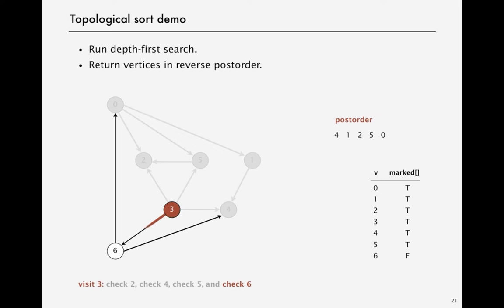And 6 is unmarked, so we go to visit 6. When we visit 6, 0 and 4 are already marked, so there is nothing to do, and we are done with 6. And finally, we are done with 3. We are done with the vertex. We put it on the post order, or if we put it on the stack, then we get a reverse post order, and that it turns out is the answer that we need.